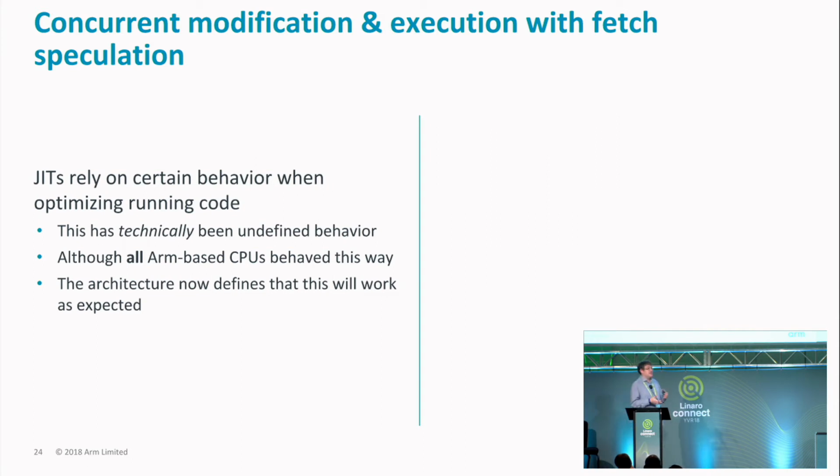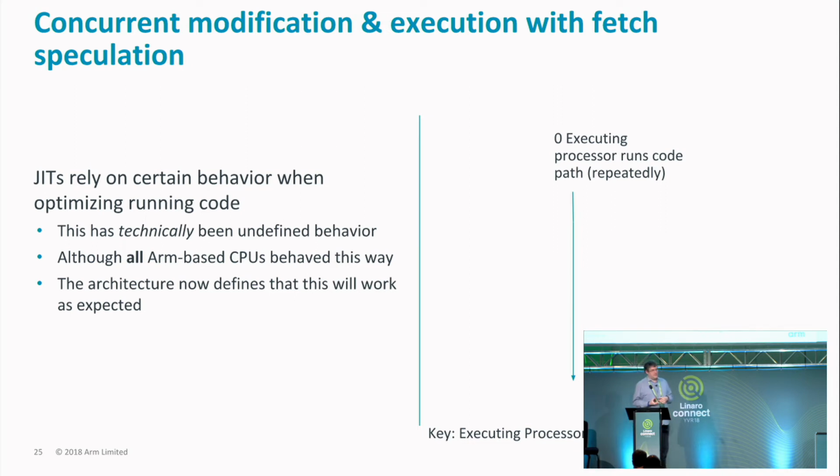Moving on again. As I said, 8.5 is full of many different features. Some are larger, some are smaller. This one is about JITs, and when you're optimizing code that is already running. Technically, the behavior up to now has been undefined in the ARM architecture, except that all CPUs have done the right thing, and we're just now defining what that right thing is.